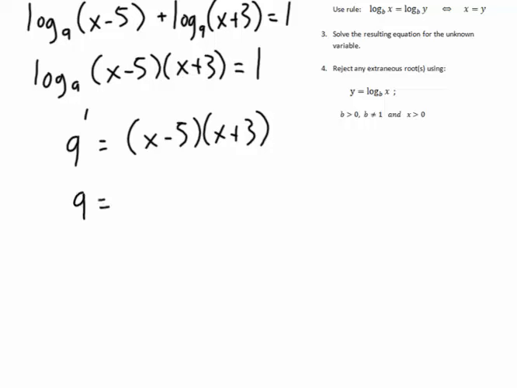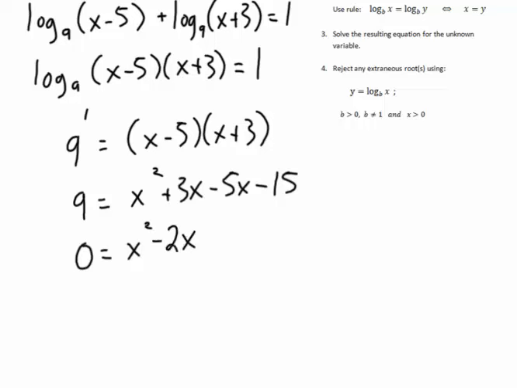This will give us x squared plus 3x minus 5x minus 15. And remember, solving a quadratic, we need to bring everything to the same side and combine like terms, and we'll get x squared minus 2x minus 24.